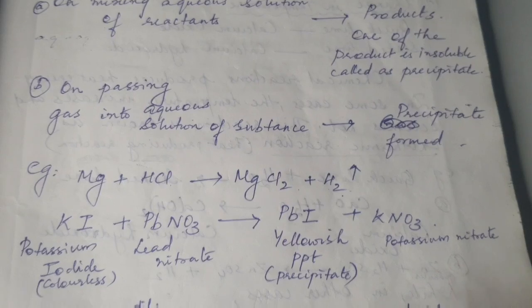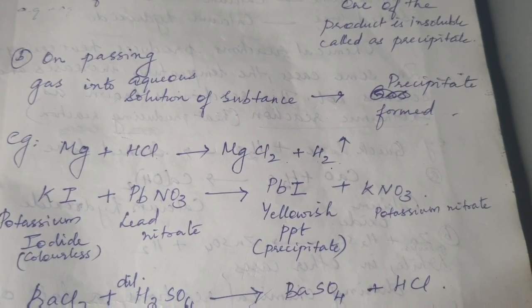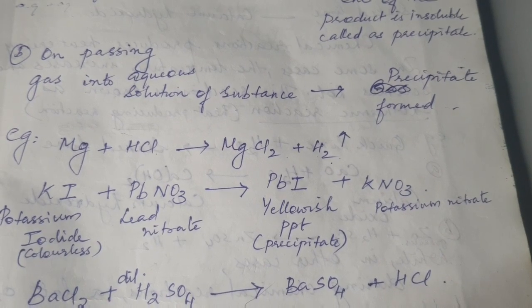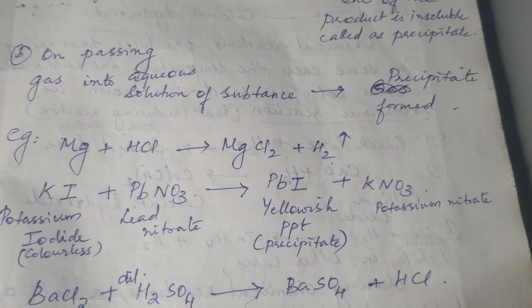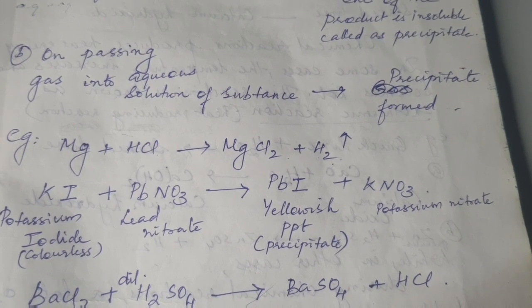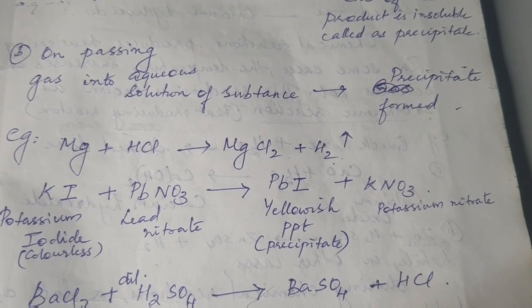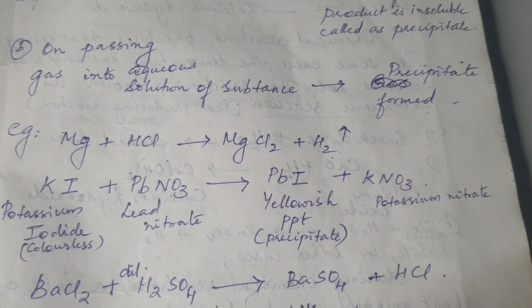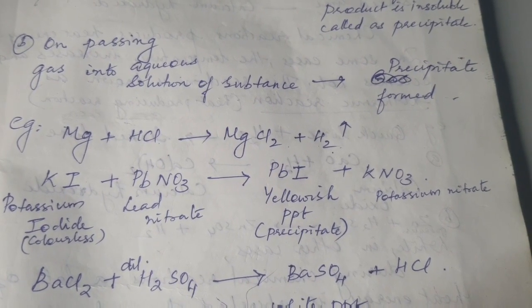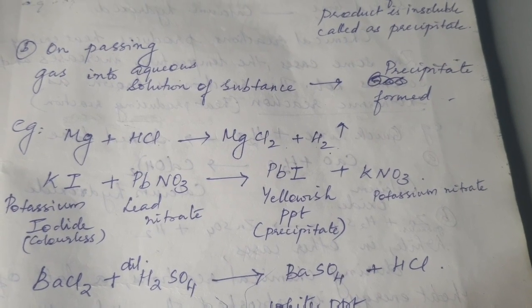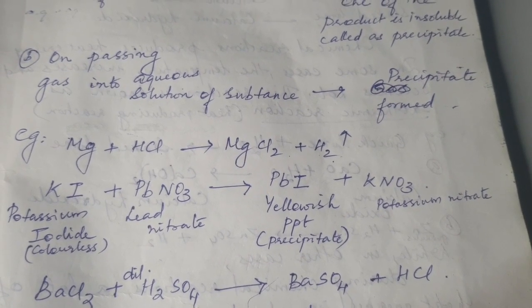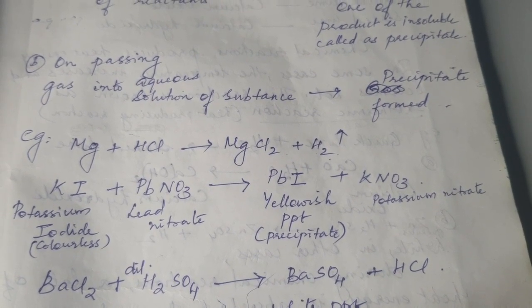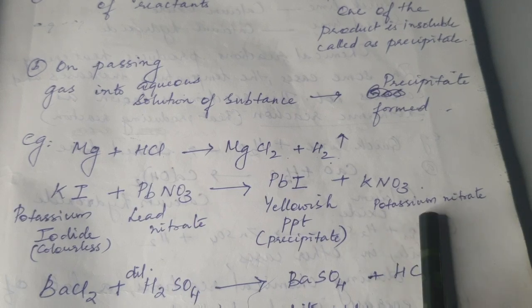Okay, now for the examples, I have taken magnesium, that is Mg, and hydrochloric acid, HCl, which undergo a chemical reaction. The products will be MgCl2, magnesium chloride, and hydrogen gas is evolved. Okay, so here in this equation MgCl2, magnesium chloride, is the precipitate. Next I am having potassium iodide, that is KI, and lead nitrate, that is Pb(NO3)2. On reaction it forms PbI2 and KNO3, that is potassium nitrate.